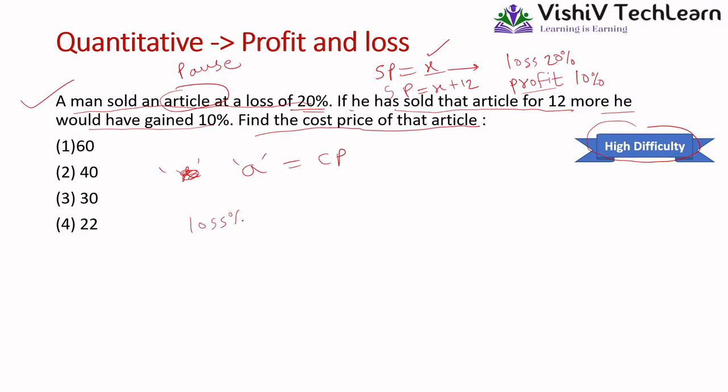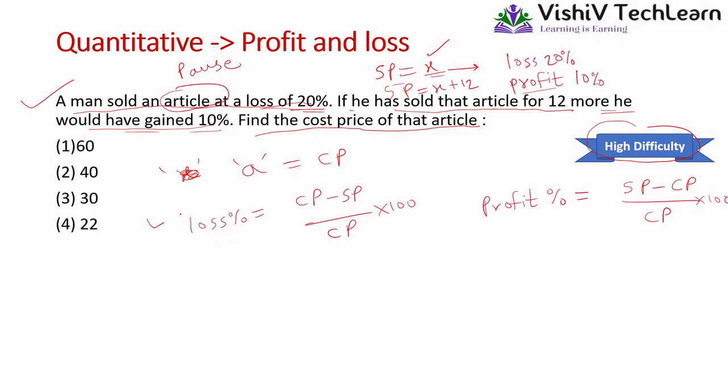Loss percent is equal to CP minus SP upon CP, and profit percent will be SP minus CP upon again CP, and obviously multiply by 100 at both places.